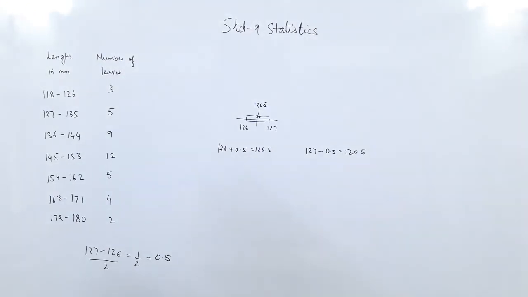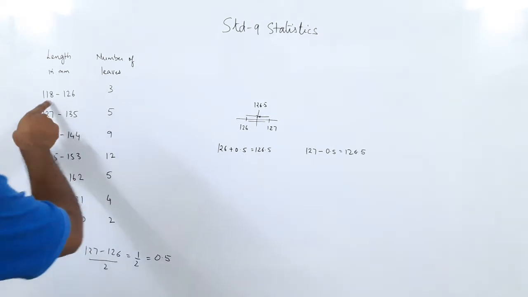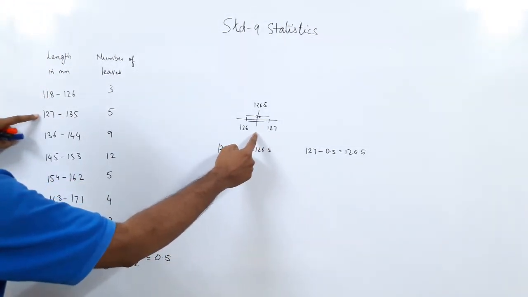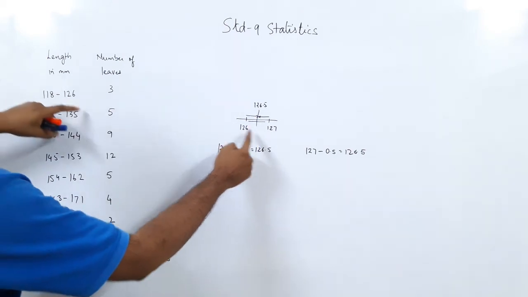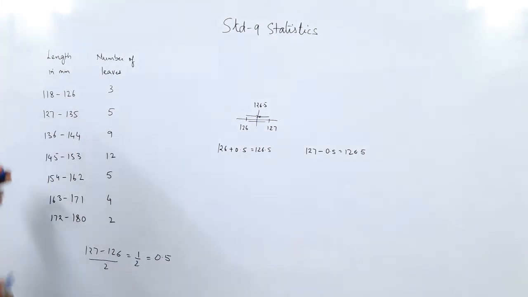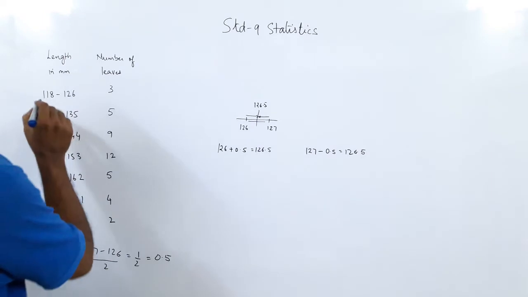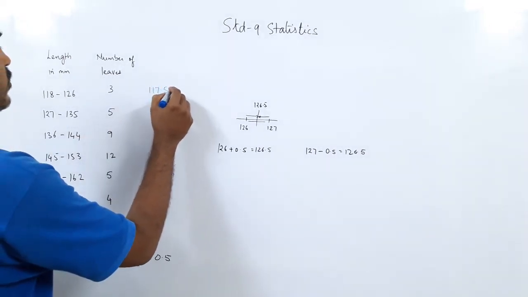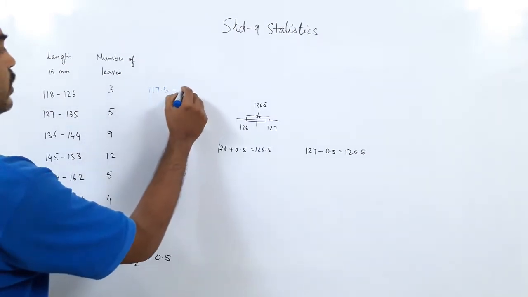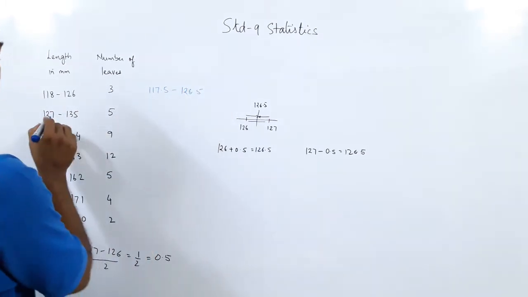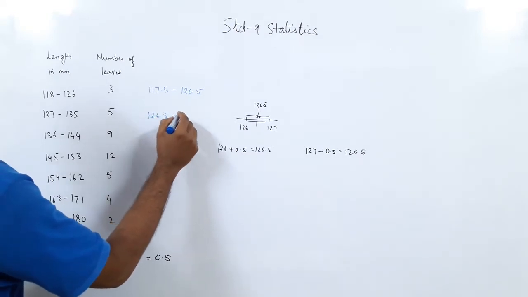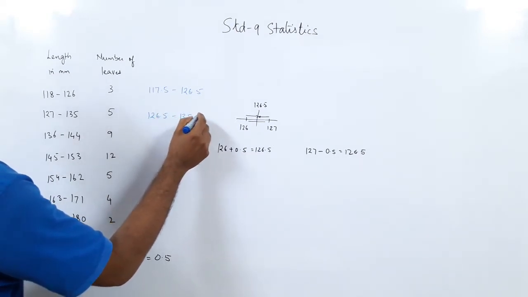So what is to be done now? Every lower limit has to be decreased by 0.5 and every upper limit has to be increased by 0.5. If we do the same thing, what will we get? 118 minus 0.5 is 117.5, and 126 increases to 126.5. 127 minus 0.5 gives 126.5, and 135 increases to 135.5.